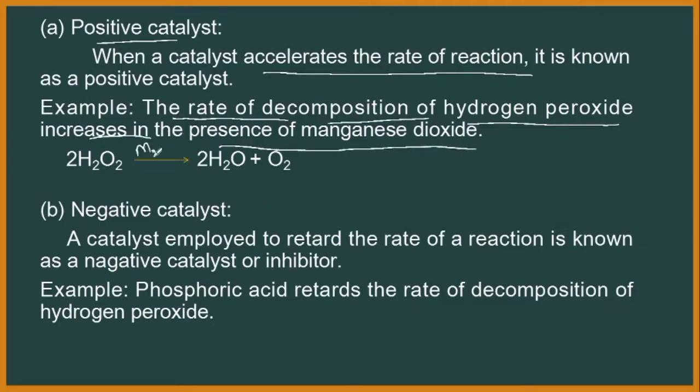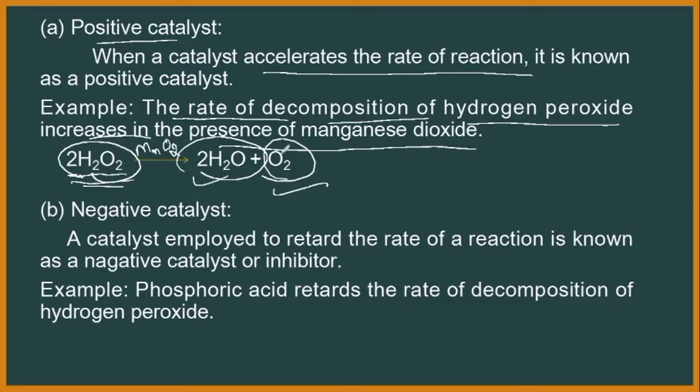If we add manganese dioxide to this reaction, the hydrogen peroxide decomposes into water and oxygen at a high rate. But how can we control it? If you want to store hydrogen peroxide, it is a difficult task. Why? When it is exposed to the atmosphere, it breaks into water and oxygen.